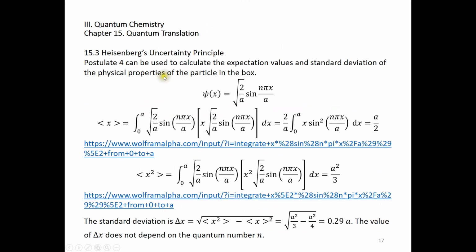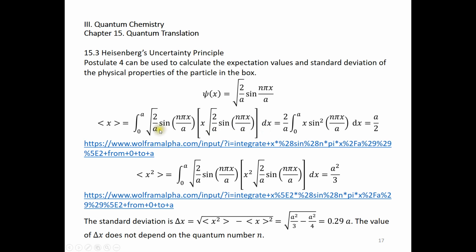Postulate 4 can be used to calculate the expectation values and also the standard deviation of the physical properties of the particle in the box, such as position. Now, given this wave function, we can compute the average value for x. It's pretty simple. It's the integral of psi star and then x operator applied to psi dx. X is from 0 to a, because outside the box the probability is 0.